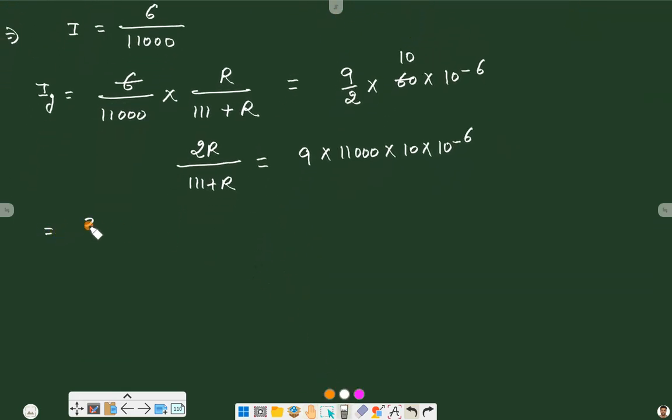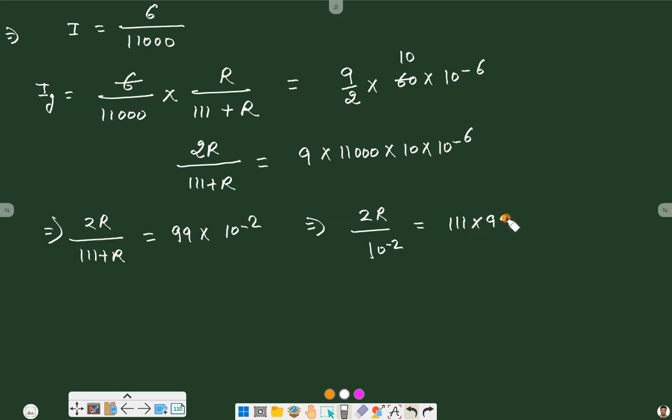This can be written as twice of R divided by 111 plus R is equal to 9 into 11, so 99 into 10 raised to power minus 2. Further we can write it like this: 2R by 10 raised to power minus 2 equal to 111 into 99 plus 99R.